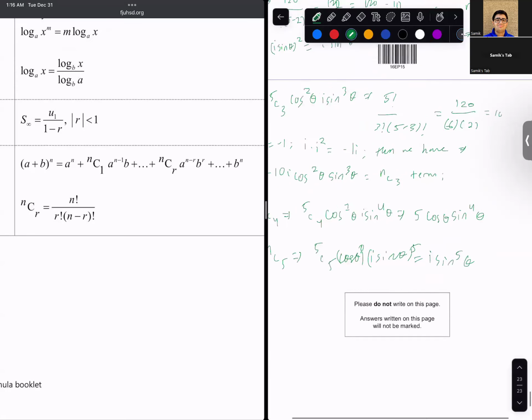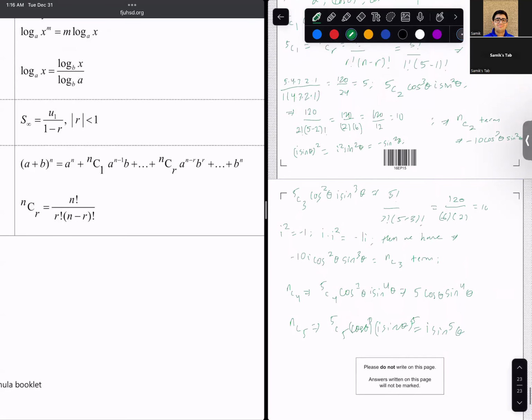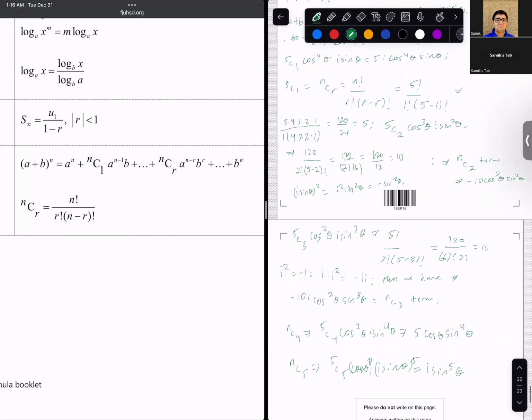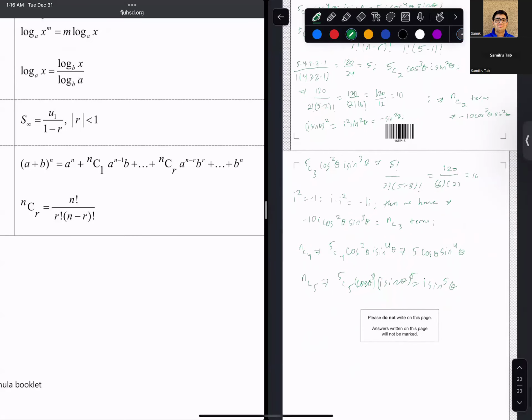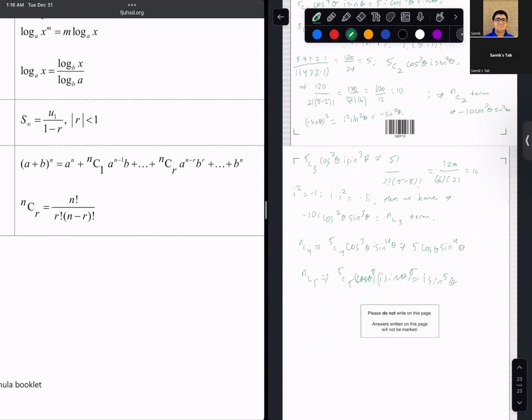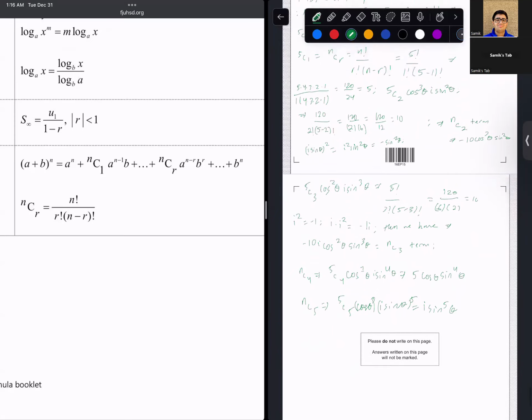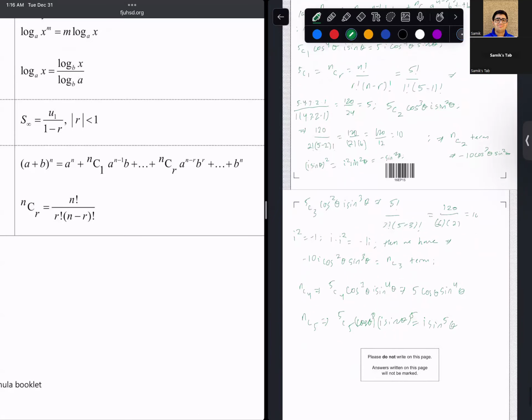So now we can combine all the terms. So we have our terms. With our terms, you can just combine the real and imaginary parts.